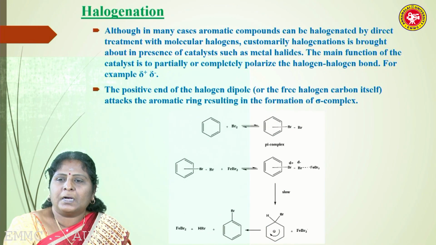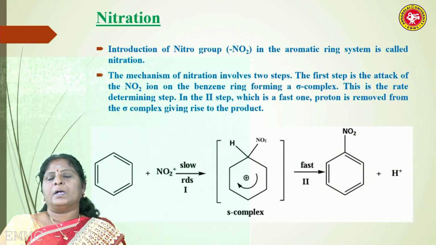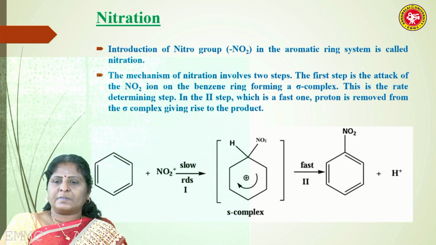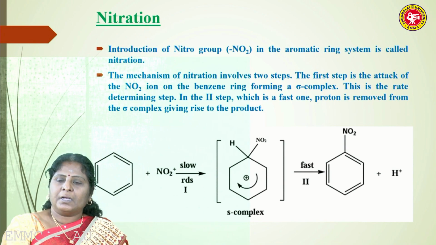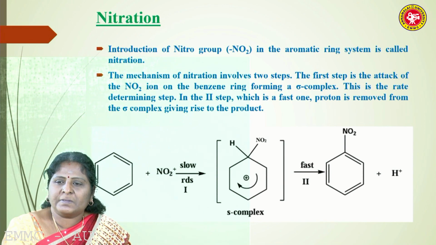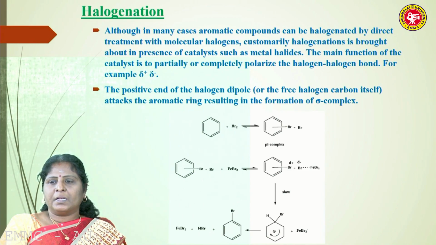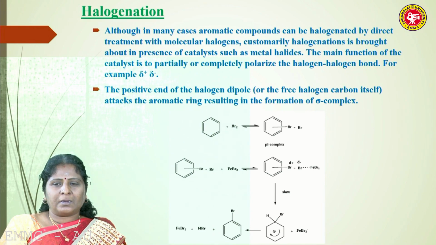Halogenation. In nitration, NO2 plus is the electrophile, which is electron deficient, the best example of an electron deficient species acting as the electrophile. The second one is halogenation. In this case, bromine is the attacking species. The electrophile here is the positive end of the dipole.